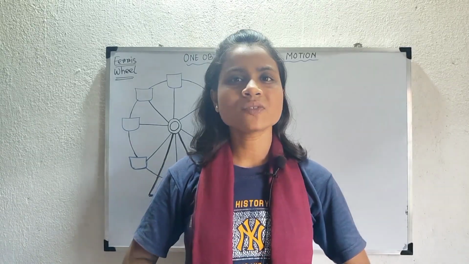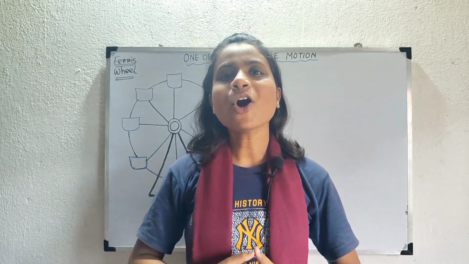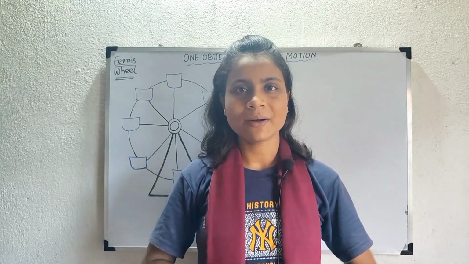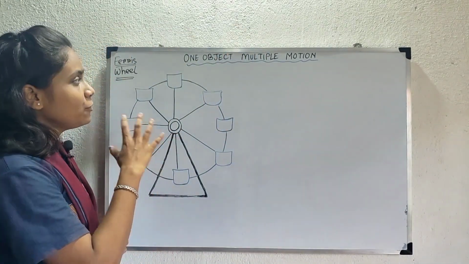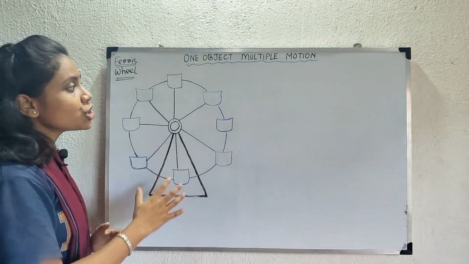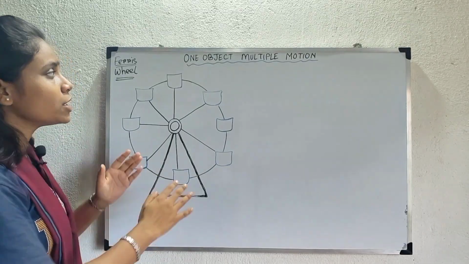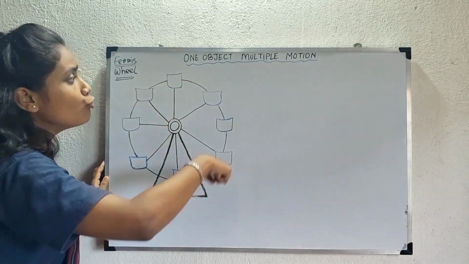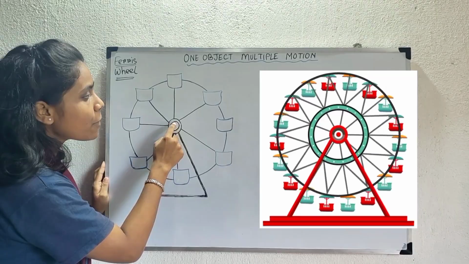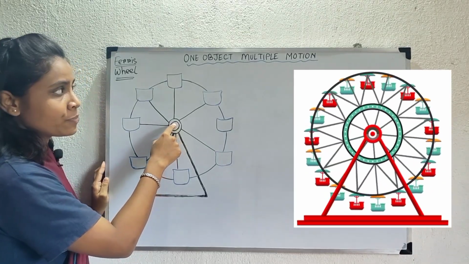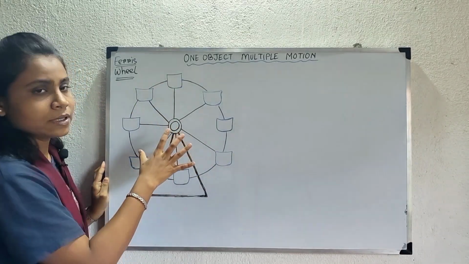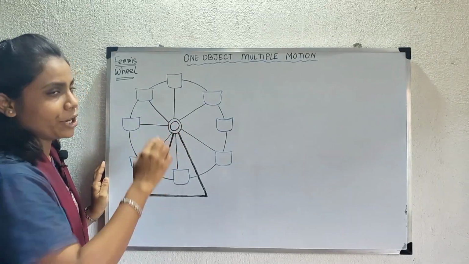You must have observed a Ferris wheel. In Bengali, it is called Nagardola. If you see the motion of a Ferris wheel, you will observe that the whole setup, the whole wheel, rotates about a center point.